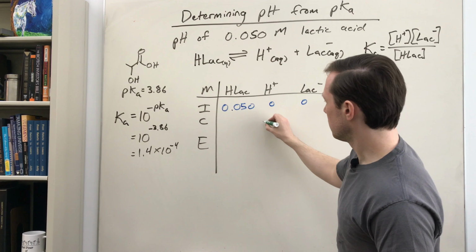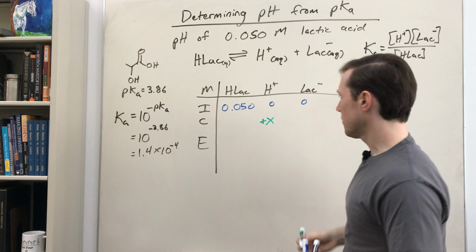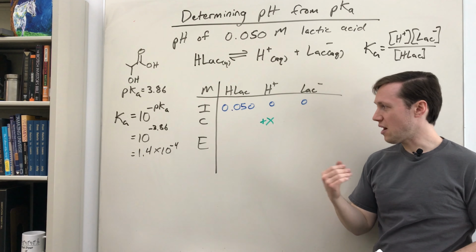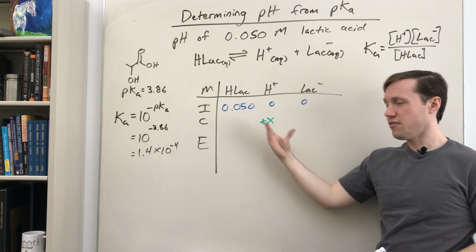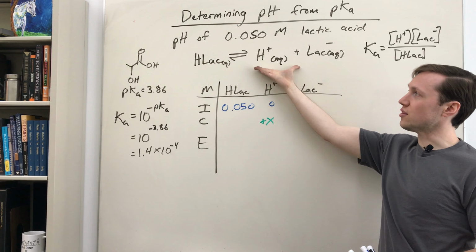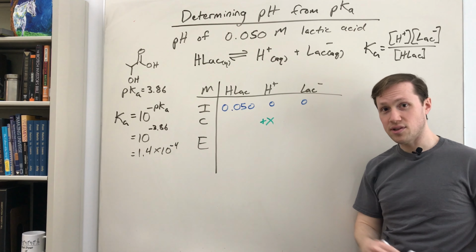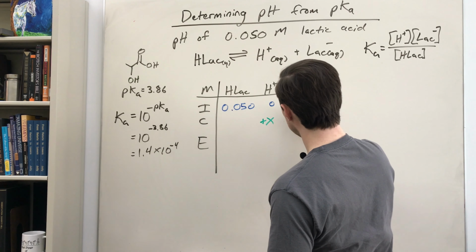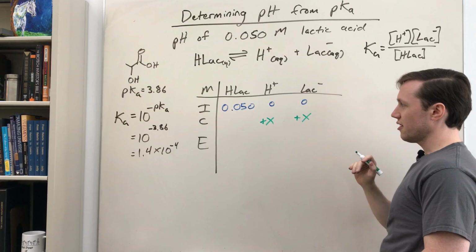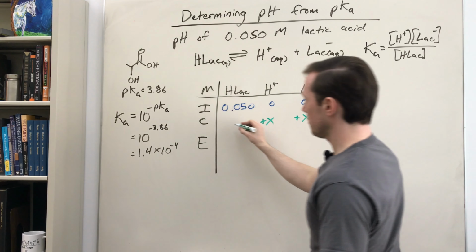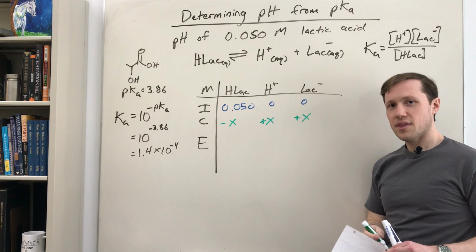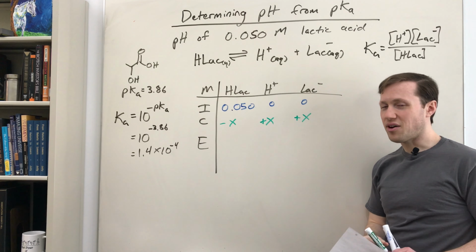We just know that we're gaining some, for the moment, unknown amount of H plus. Now we can pull in the stoichiometry in that chemical reaction equation that you wrote to say that we must form the same amount of our conjugate base and we must have consumed that amount of our lactic acid.